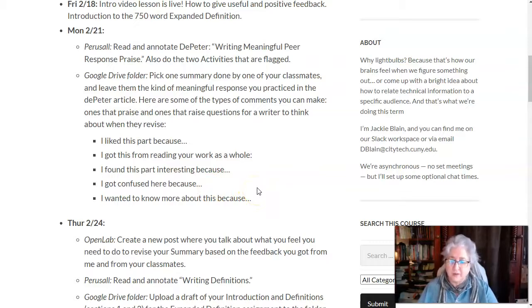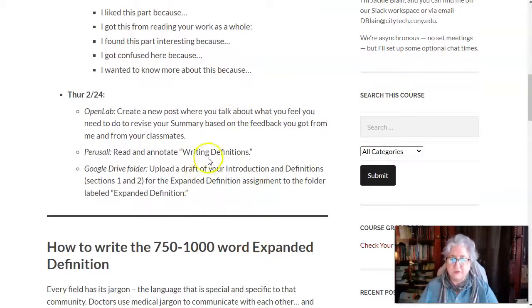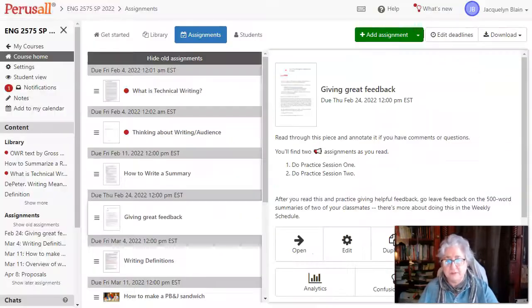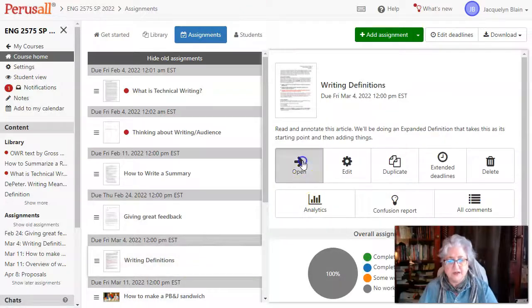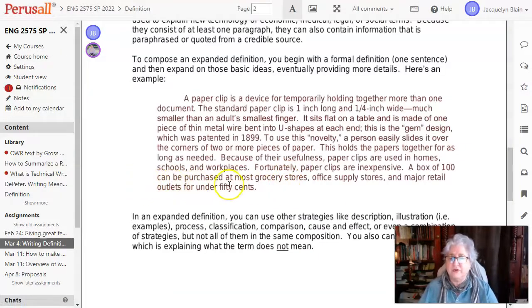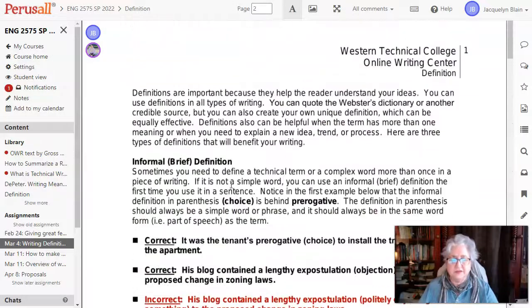We're leaving comments for each other, and then we're writing a short memo about what we want to do to revise it. The second part is you're going to go over to Perusall. There's a thing right here called Writing Definitions, and it will give you more about how to do these definitions. Okay, this is a fairly long article. It's not long, but it's got a lot of stuff in it. It talks about 3 different kinds of definitions. A very informal, brief one, right?